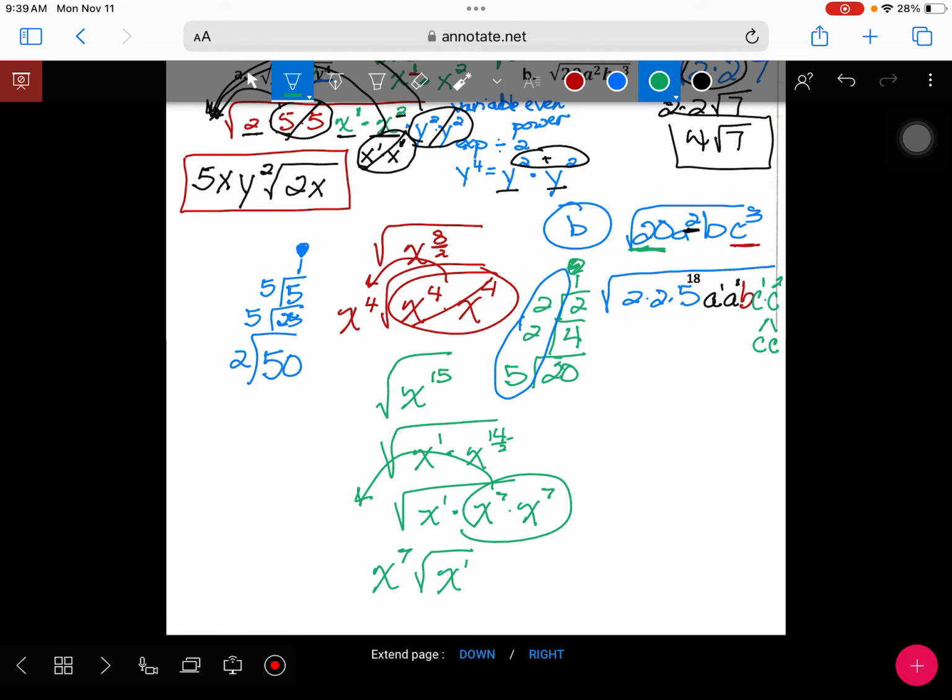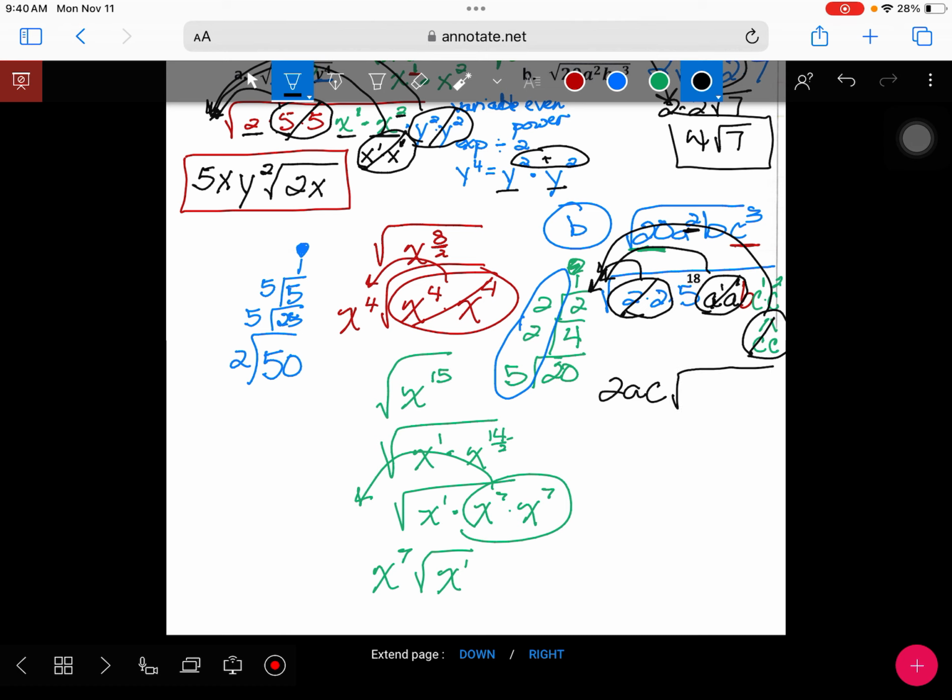So find your pairs. I have a pair of 2s. So they're going to be pulled out front. I have a pair of A's. And I have this pair of C's from my C squared. So out front, I have a 2, a to the 1st, c, and what do I have left?